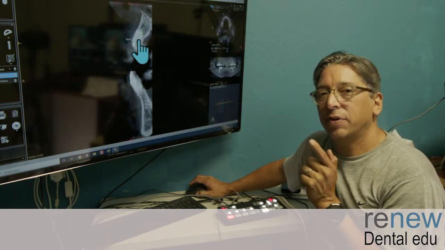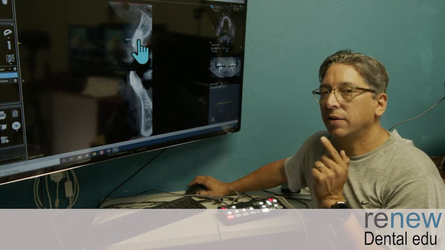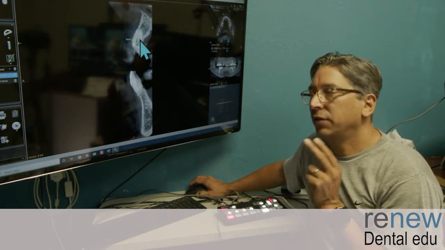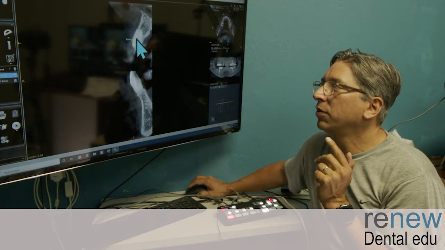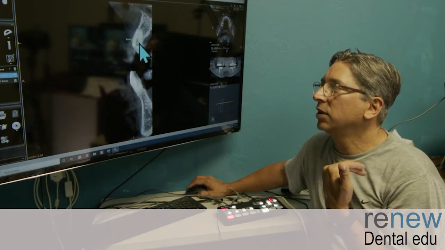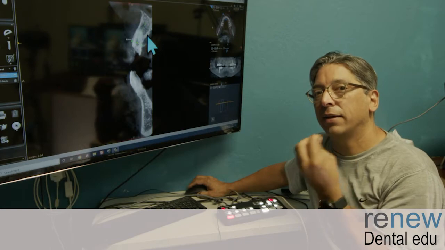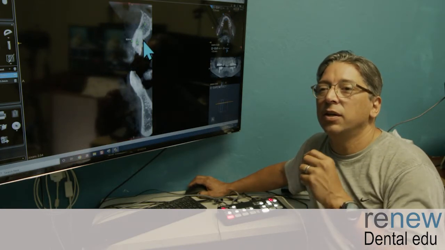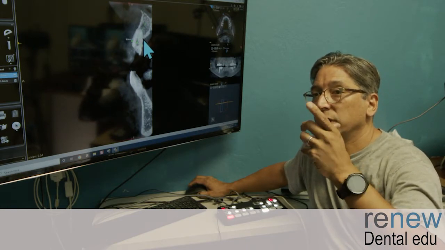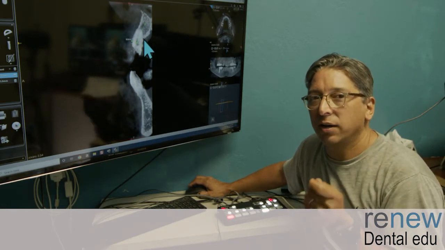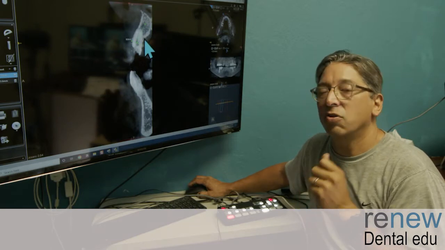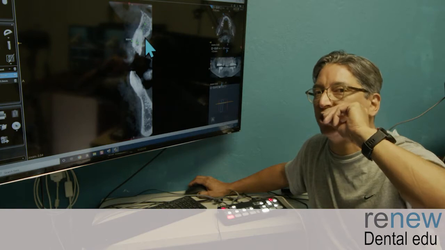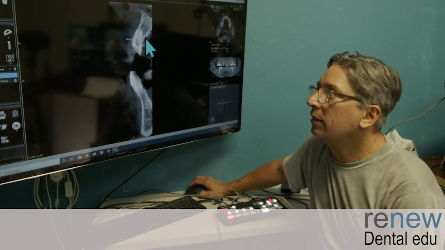And even if they're not cosmetically minded and they're very easygoing patients, I guarantee if there's a cosmetic problem with the defect in this gum tissue going up and metal or your implant even showing up, it's even worse. And that tooth looks really long, the patient is not going to appreciate it. They're not going to like it at all. They're going to hold their lip up and show you over and over again.